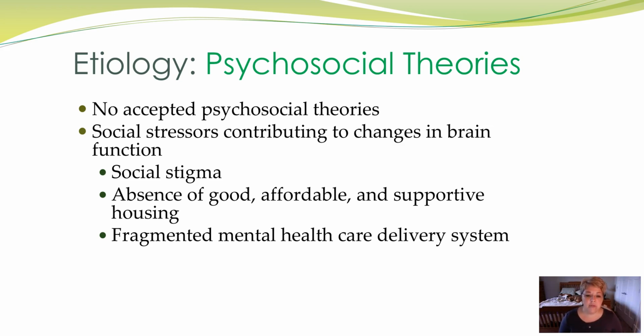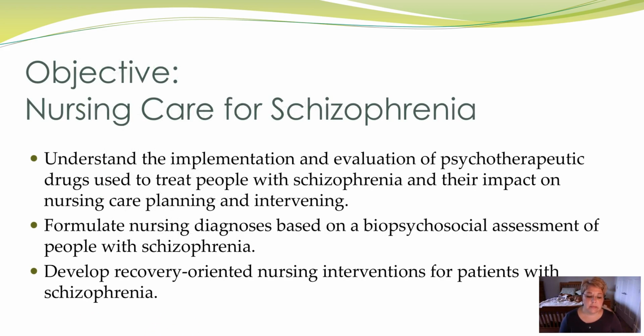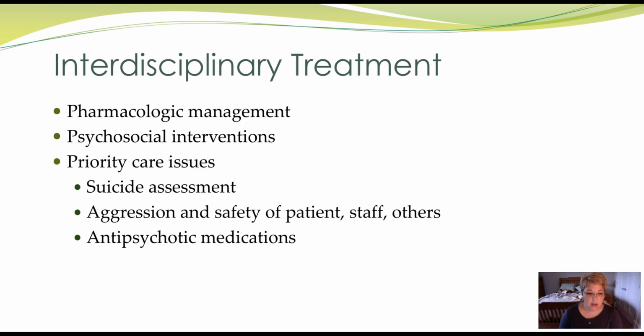It's important for us when we think about a key to treatment for people who are living with schizophrenia: an interdisciplinary treatment approach. We know that pharmacological management is a priority intervention with these folks.